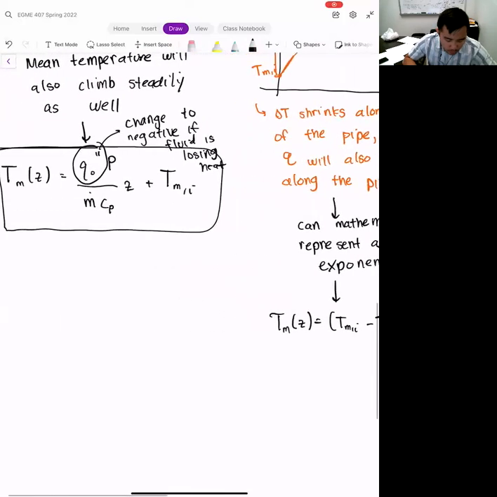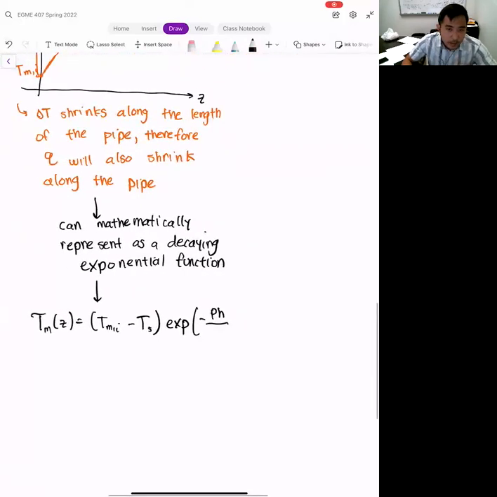Because we're basing this off a temperature difference, the convection coefficient has to be there to characterize the amount of heat transfer that occurs. We divide this by m dot Cp multiplied by z, plus Ts, the surface temperature.